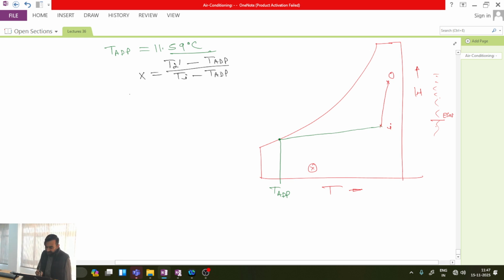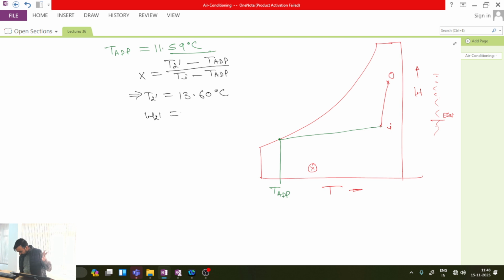From the ERSHF line, I can write X is equal to T2 dash minus TADP upon TI minus TADP. From here, can I calculate T2 dash? How much is T2 dash? 13.6. 13.60, yes. Can I calculate W2 dash? In a similar way, X will be equal to W2 dash minus WADP upon WI minus WADP. Okay, you require WADP for this. I think WADP is 0.0085327. That is right.